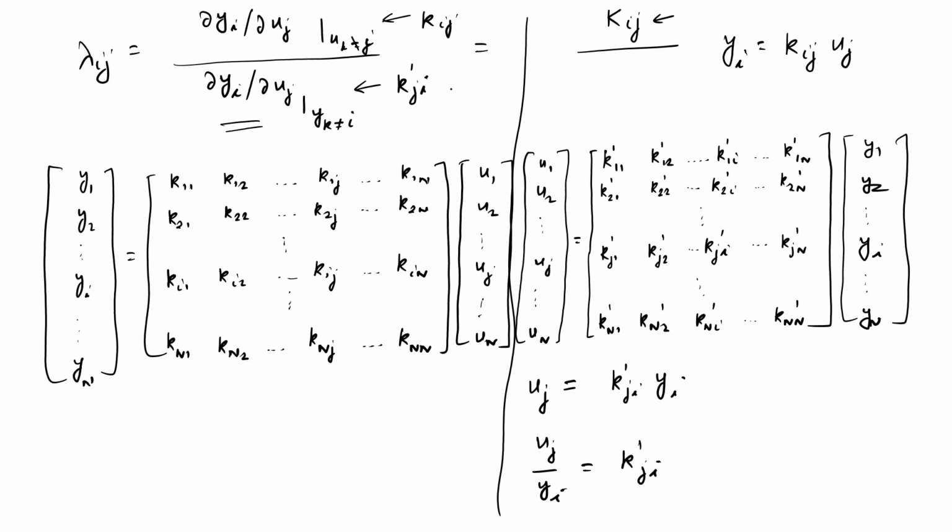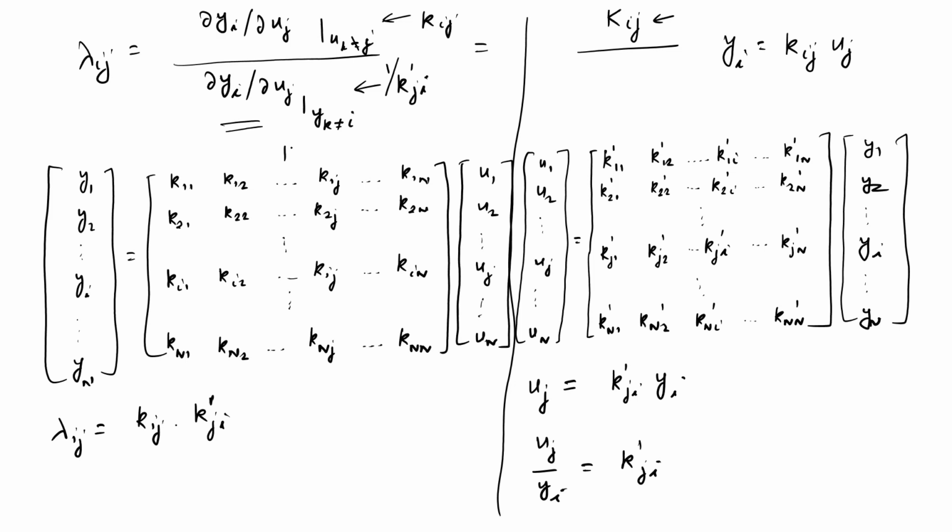Therefore lambda ij is going to be kij times k prime ji. That's what lambda ij is, where k prime is the elements of the inverse matrix, the k inverse matrix.